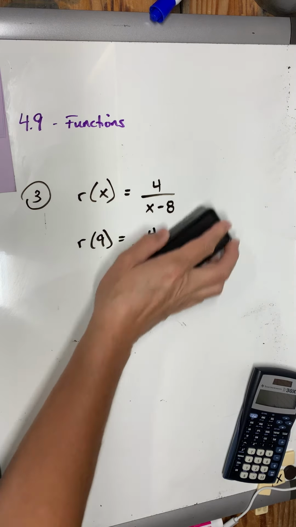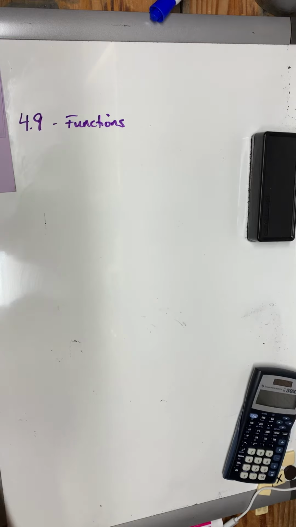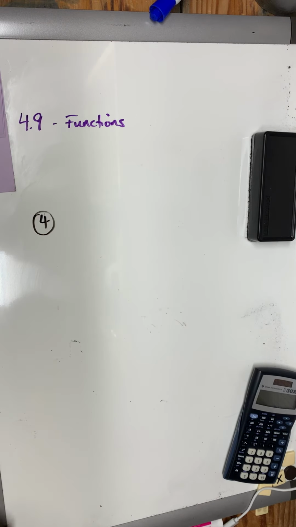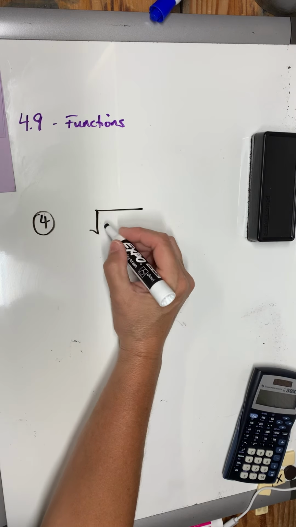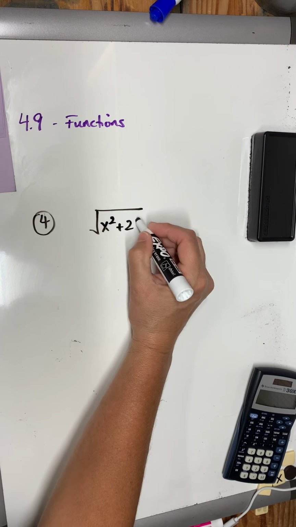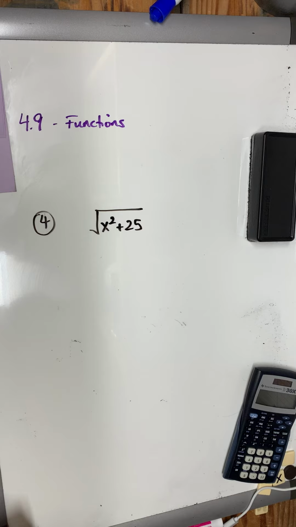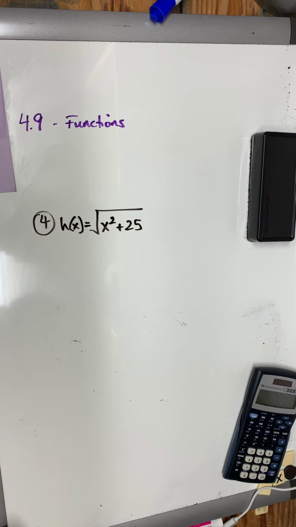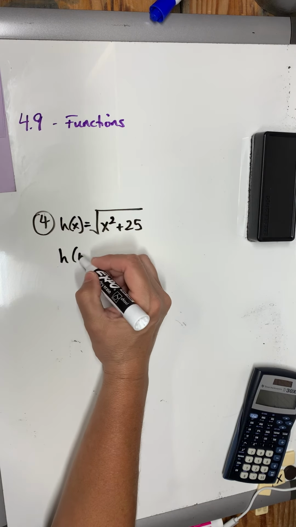Okay, let's look at problem 4. I have the square root of x squared plus 25. And this is h of x for this question, which again doesn't matter what letter they choose. They want us to find h of 0.